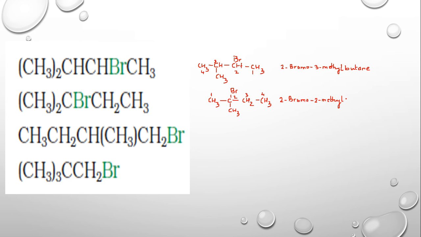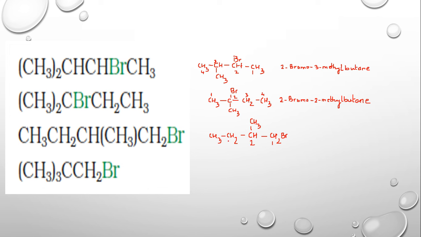And for 4 carbon atoms it is going to be butane. Come to next example. So you have CH3 attached to CH2, CH which is attached to CH3, CH2, Br. Give the lowest number to Br.